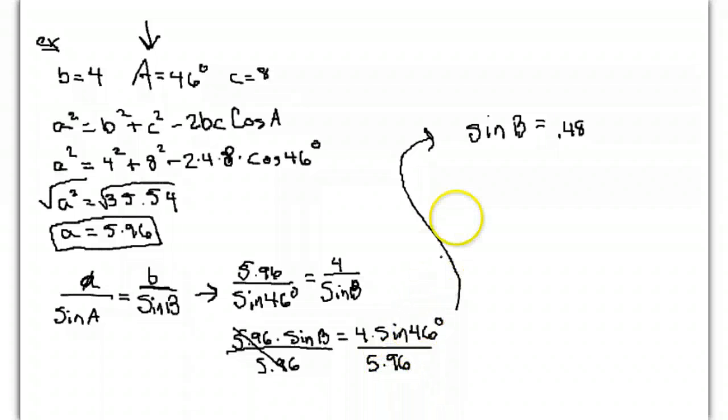And so right now we at sine B equal 0.48, but we want B, so we need to get rid of sine. You can't divide by sine because it's a function. But what you can do is do an inverse. So what it's going to be is B equal sine inverse of 0.48. And you got an inverse button on your calculator. You got to hit the orange key to get to it.